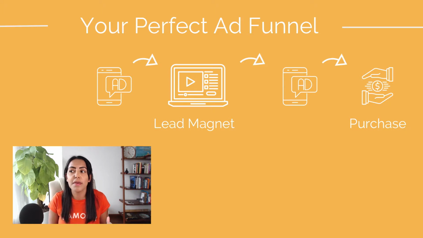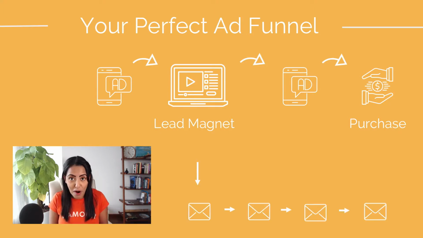Now, you may be thinking, well, once I have their email address, after they get my lead magnet, my free thing, why wouldn't I just send them a series of emails and then pitch them my product? Well, you are. You are still going to have a series of 4 or 5 emails where you pitch them, you give more value, and then you pitch whatever product it is you have.